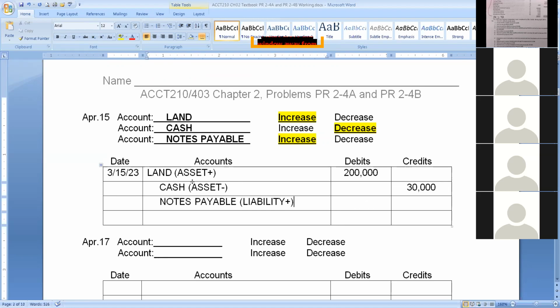Now, the question is, how much does it go up by? Well, these two sides have to equal. So you get this 200,000 of land, you gave 30,000, so the rest of it's on this note. So this would be 200,000 minus 30,000.